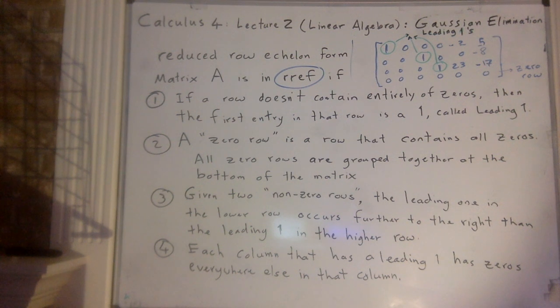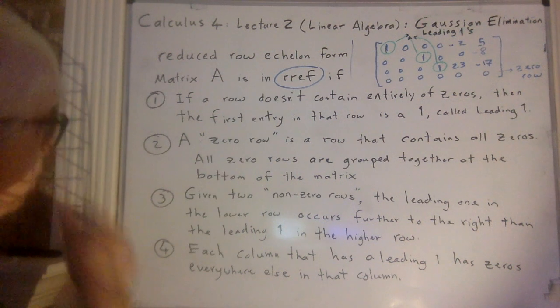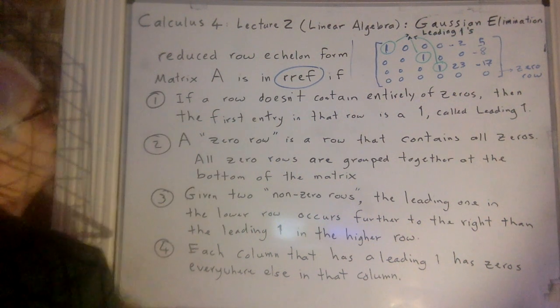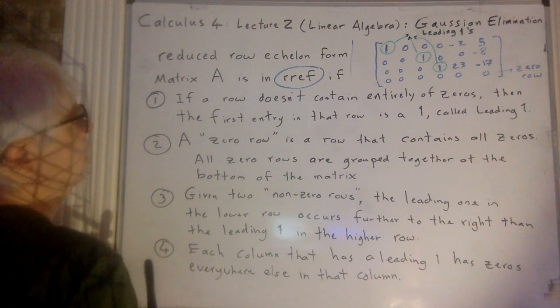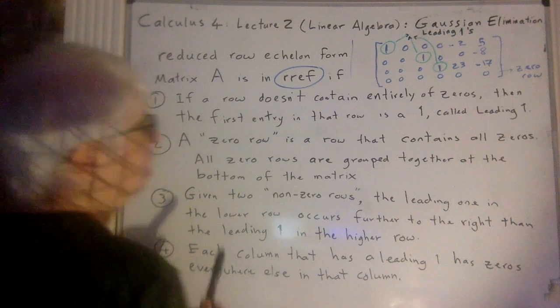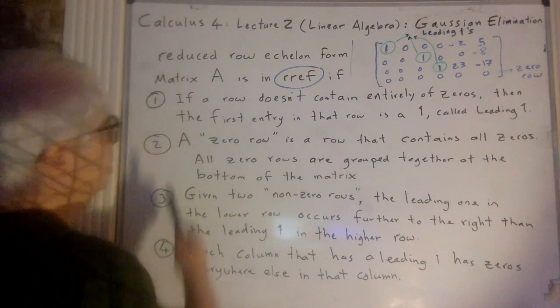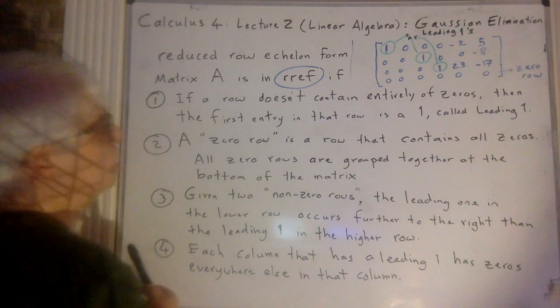An RREF form has these properties. When I go through them, I will show you on that example over there. First, consider a row that doesn't consist entirely of zeros. If a row doesn't consist entirely of zeros, then the first entry in that row is a 1.